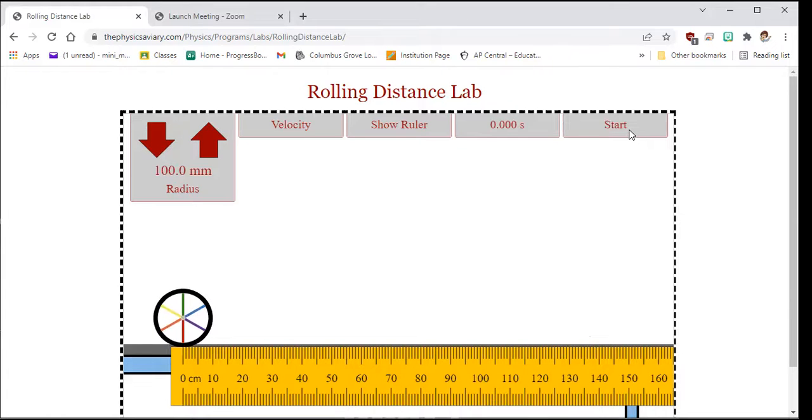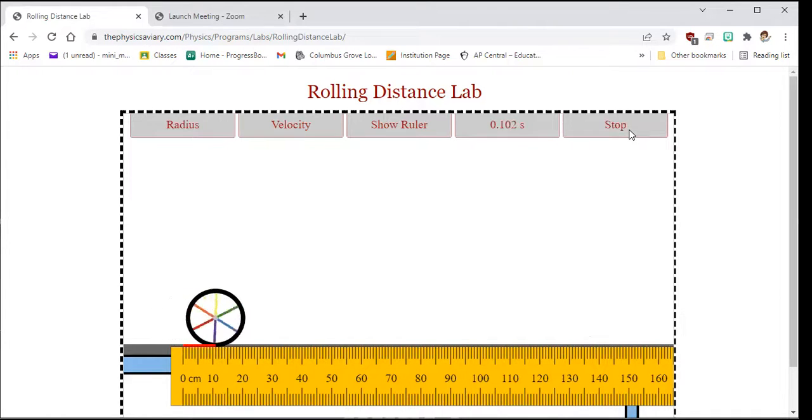Okay, and let's start, and we'll go through one revolution or 360 degrees. Whoops, shoot, wrong button. Okay, and we went through 63. So we went about half. So half the radius gave us half of the distance.